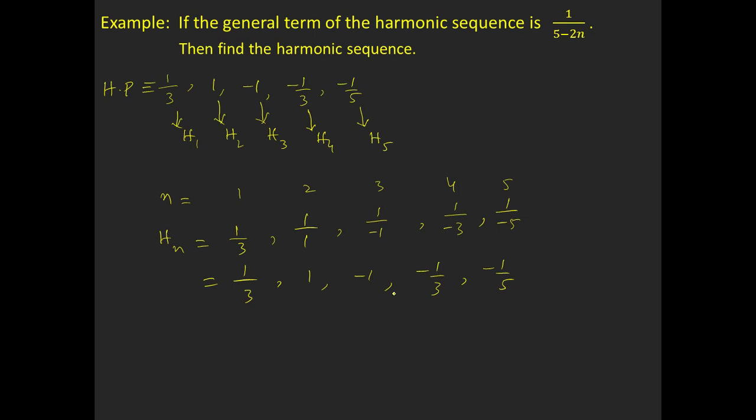Okay, go to the next page. So in the simplest way, the harmonic sequence is H1, H2, H3, H4, so these are the terms, and the general term is Hn, and if it is infinite, then it will go further.